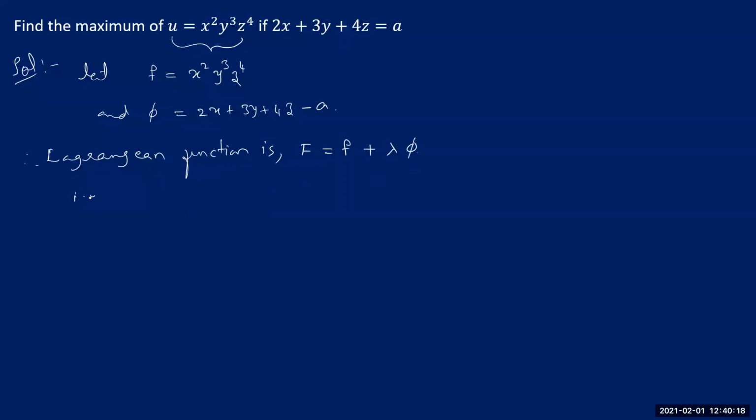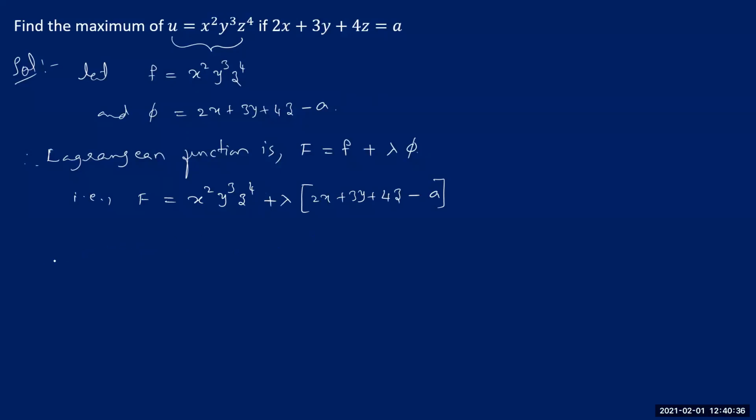So if you substitute everything, it is x square y cube z power 4 plus lambda times 2x plus 3y plus 4z minus a.